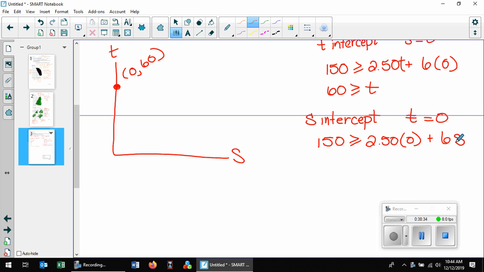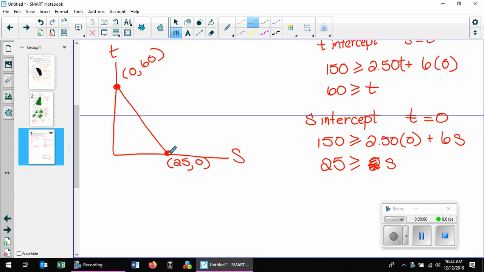What do we get? 25. 25? Let's say 25 kilograms. So this is going to be at 25 and 0. Okay, you guys with me so far here? Yes? All right.